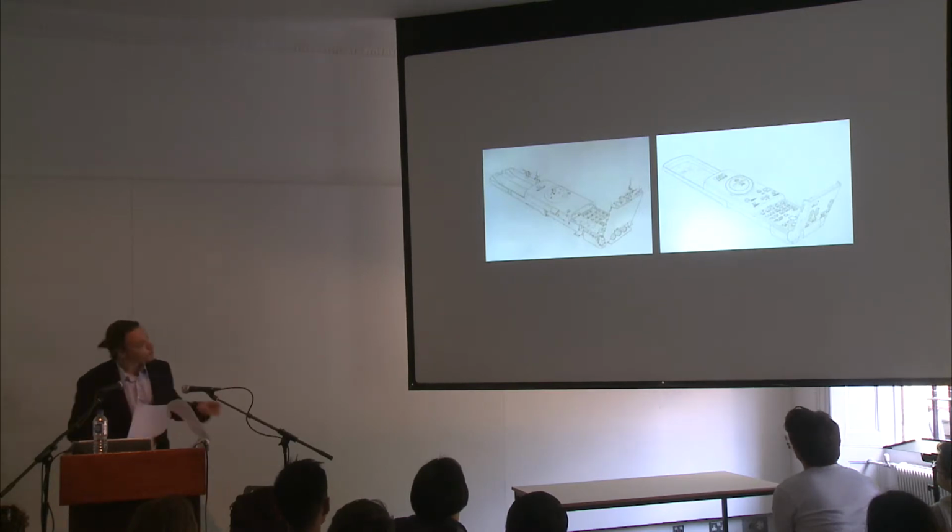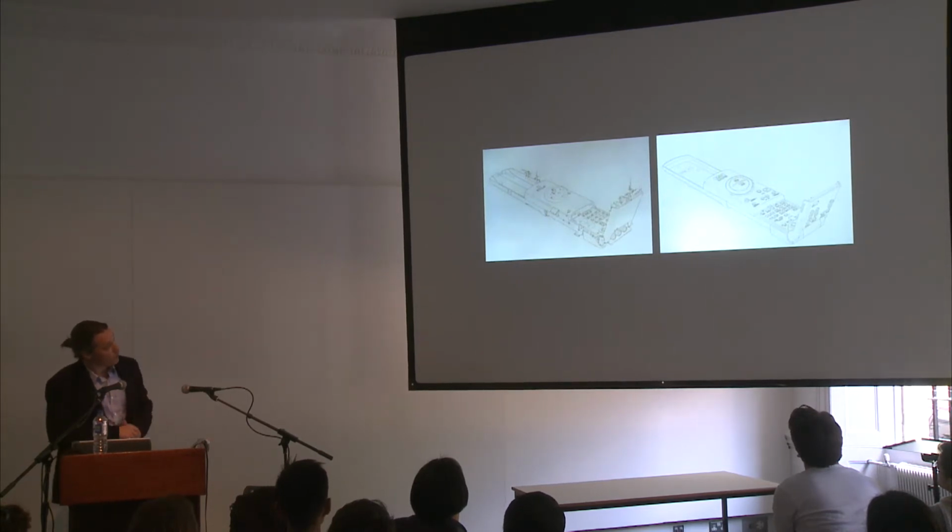In the same way, you have this kind of scale shift of the handheld object here, a video remote control that turns into a spaceship or aircraft carrier or something like that.